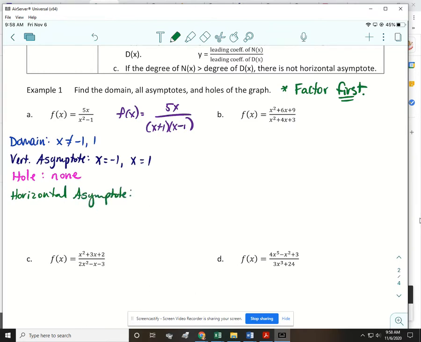For the horizontal asymptote, we're going to look at the degree of the numerator and denominator, and I always go back to the original function before it's factored. That helps. So if you notice, the degree of the numerator is 1, and the degree of the denominator is 2. So the numerator's degree is less than the denominator's degree. And when that happens, that means that y equals 0 is the horizontal asymptote.